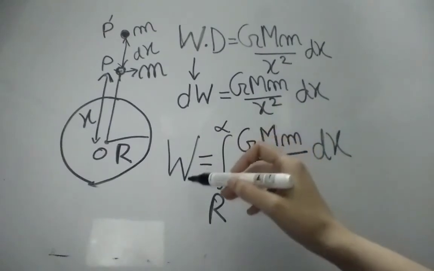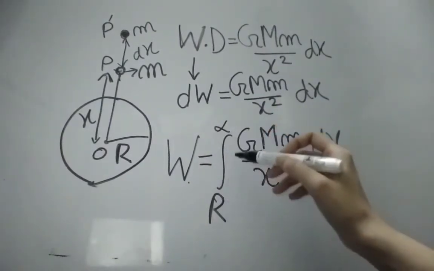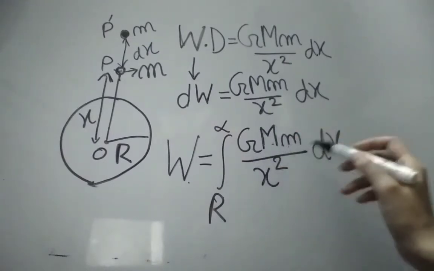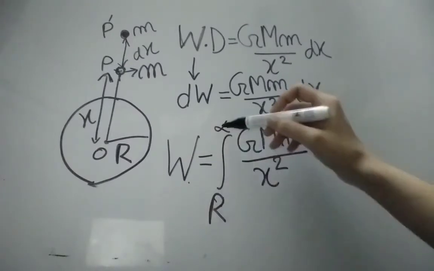So now we will write it as W equals the integration of GMm by x square dx, and the limits will be capital R, that is the radius of the earth, to infinity.